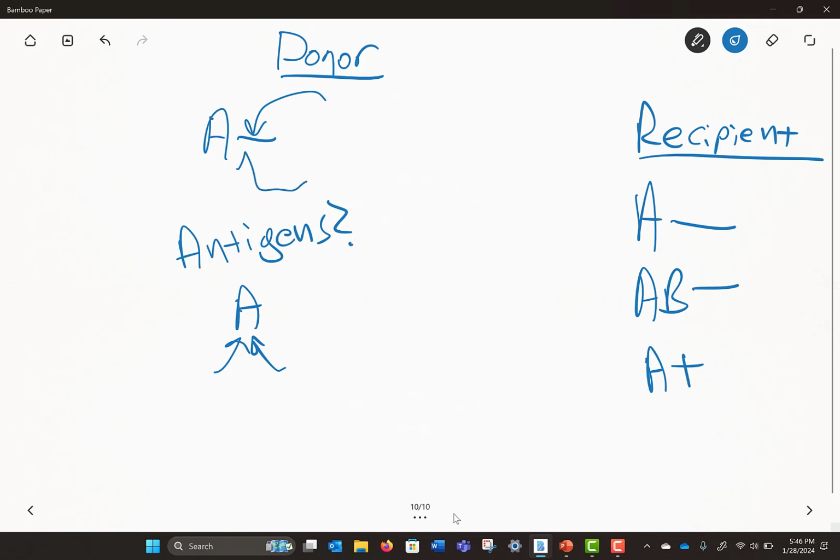And if they don't have Rh, if they are negative, we're not introducing anything. And AB positive. A negative donor can donate to a person with A negative, AB negative, A positive, or AB positive, because in all of those instances, we are not introducing a foreign antigen.